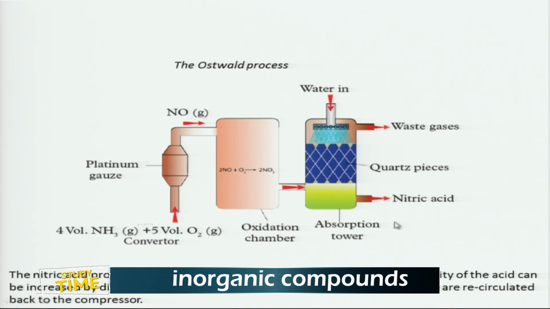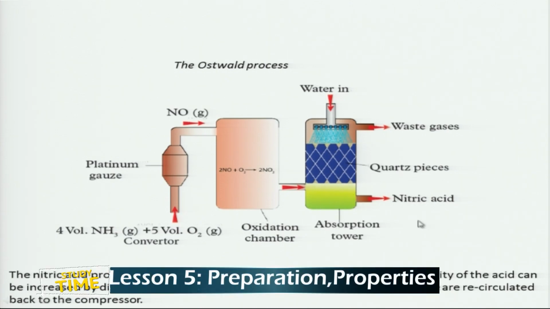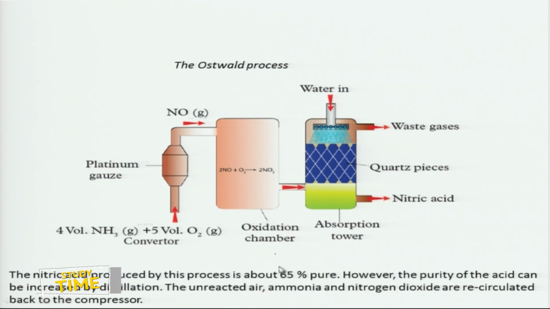So it is collected here. Absorption tower. This is the absorption tower. You put a tank somewhere here and you collect the nitric acid you have prepared. This one gives around 60% pure nitric acid. However, the purity of the acid can be increased by distillation.